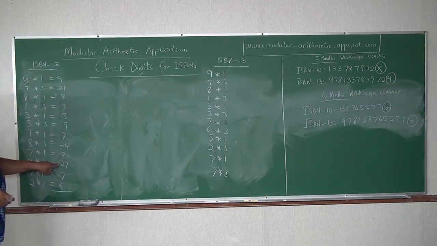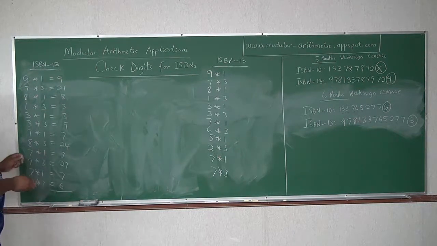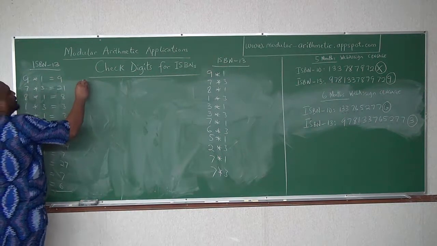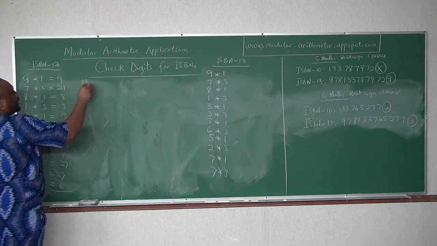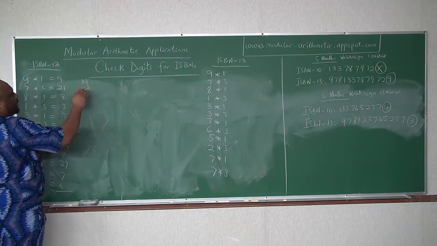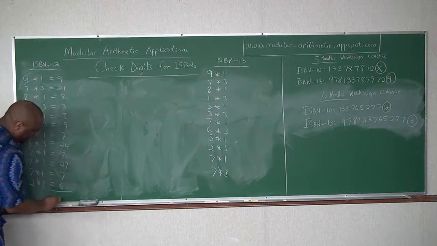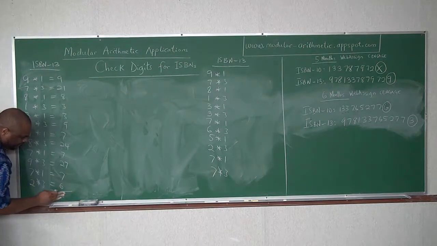Plus 27 is 118. 118 plus 13 is 131. Right? So we have 131 as a sum here.